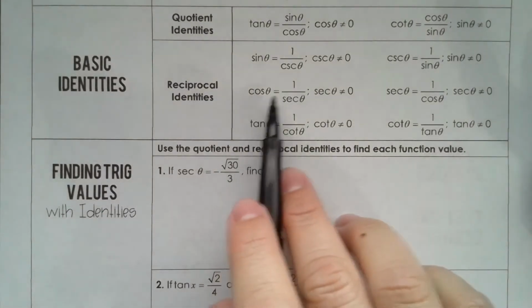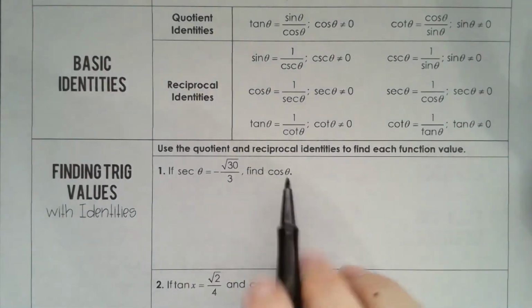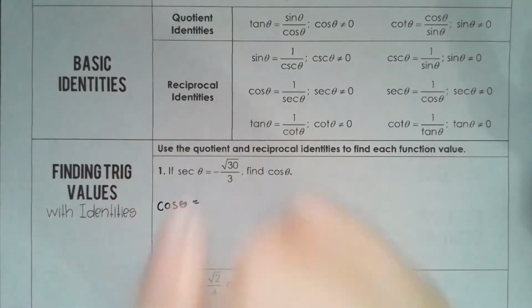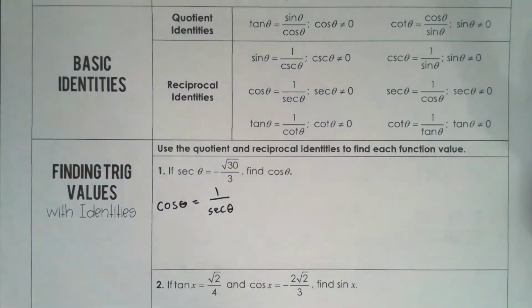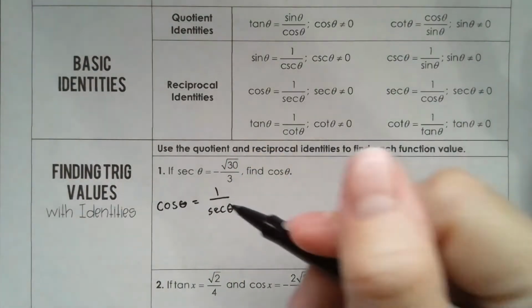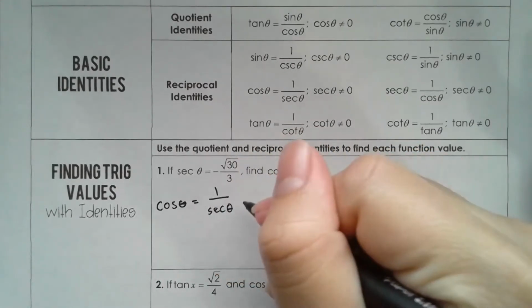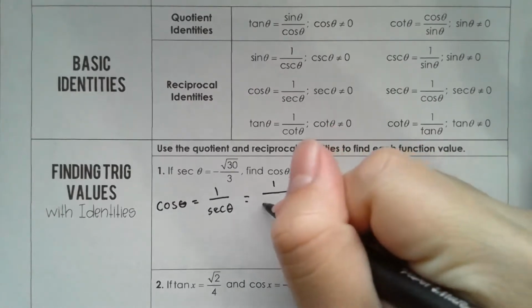So if I need to find cosine theta, I'll say cosine theta is equal to 1 over secant theta. I already know what secant theta is, it's given to me. So I could say that's equal then to 1 over negative square root 30 over 3.